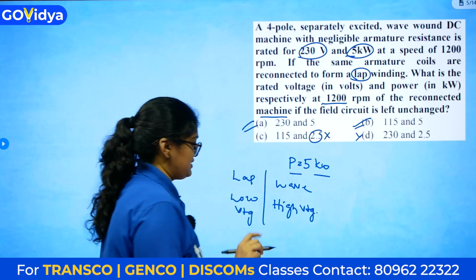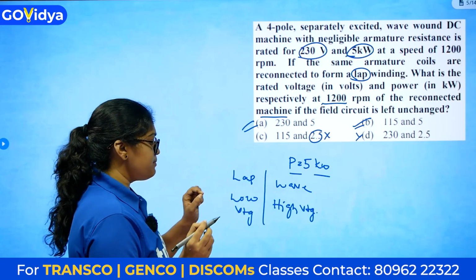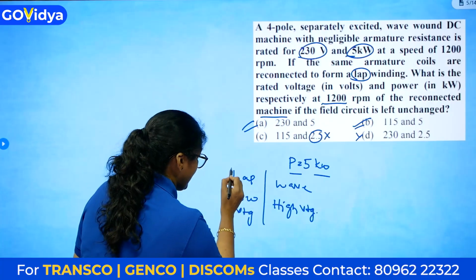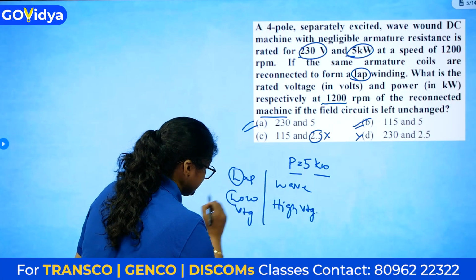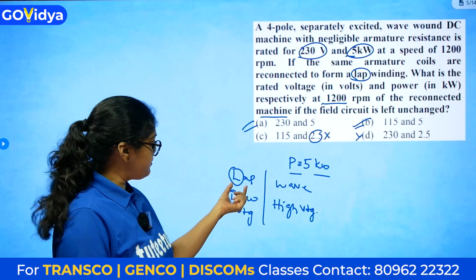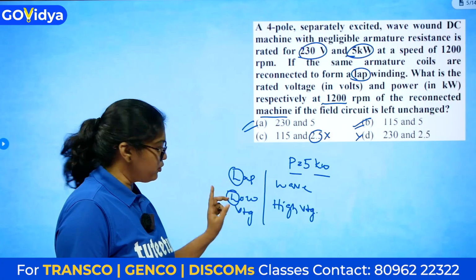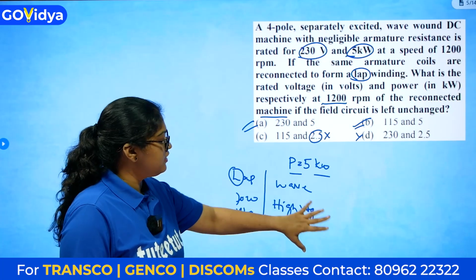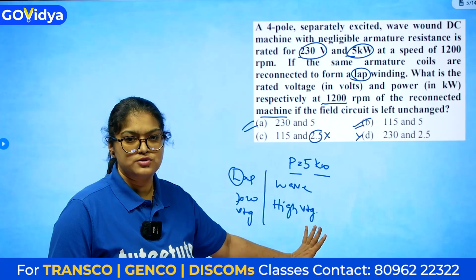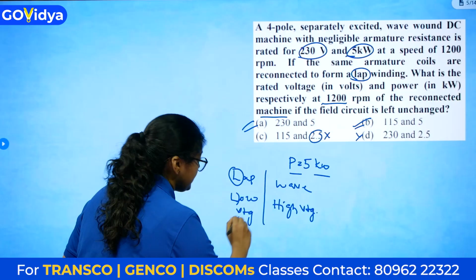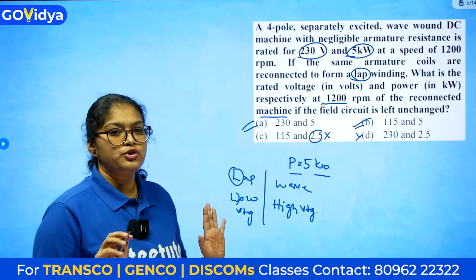I'll tell you a simple shortcut to remember: lap winding is low voltage. For lap, L, and for low voltage, L. So if you remember only one, automatically you can remember the other. Don't memorize by heart, just make sure of one, then the other will automatically come into the picture.